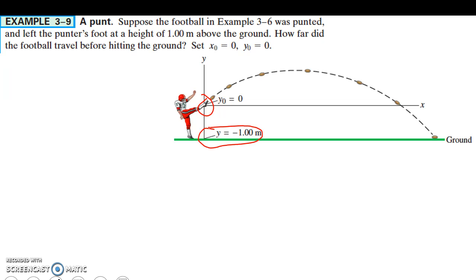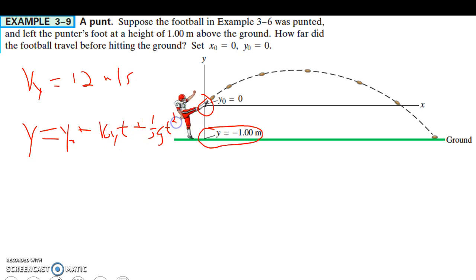Okay, but we have information from previous examples with the football. We know our initial velocity in the y from the last was 12 meters per second. And we know that we want to find our y distance. So y is equal to initial y plus your initial y velocity times t plus 1/2 g t squared.